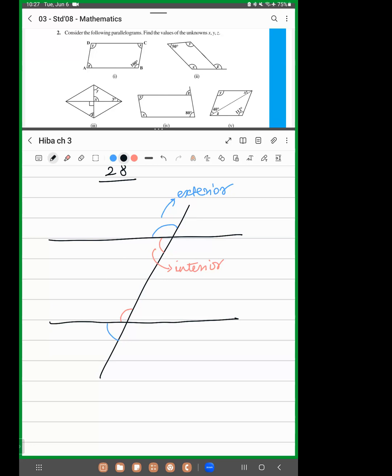Can you show it like on a parallelogram?